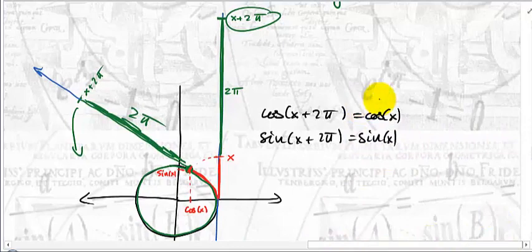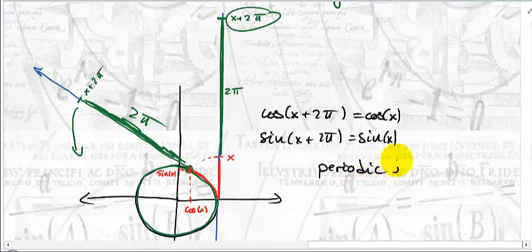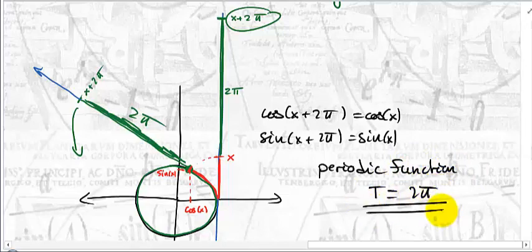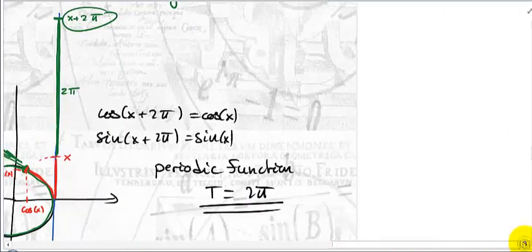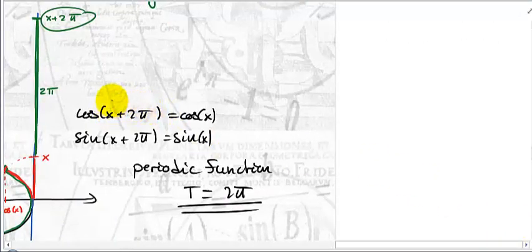So what do we say? We say that cosine and sine are periodic functions, and their period T is 2 pi. If you move by 2 pi, you're going to have the same output. By the way, what did we call that before we looked at real numbers? Okay, you know you had this formula right here.